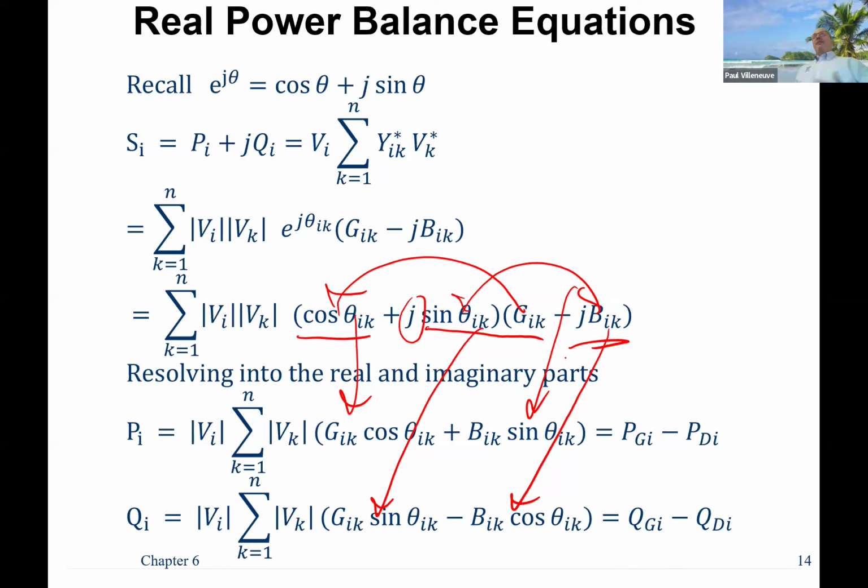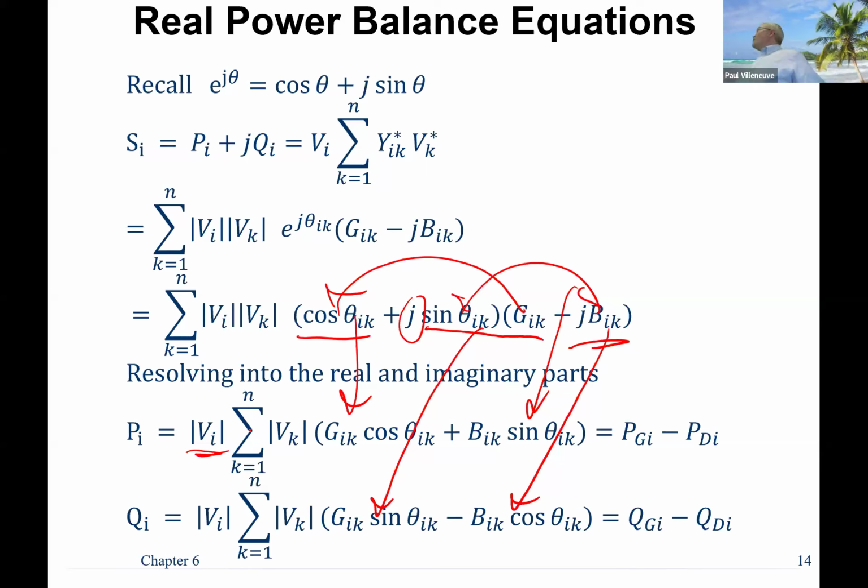And because I might have 50 buses connected to that one bus, I have to do a summation. So my power injected at bus I is equal to the voltage at bus I, because that's consistent amongst all the calculations, and then I just increment K from 1 to however many buses you have. As long as there's a connection between bus 1 and, let's say, bus 3, then you're going to have a parameter there.